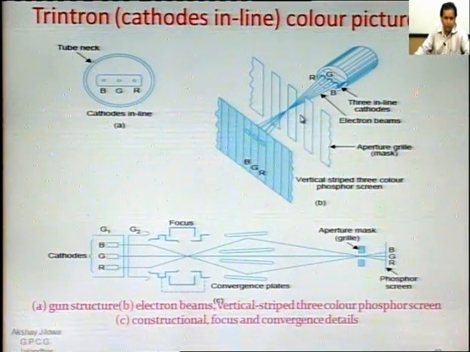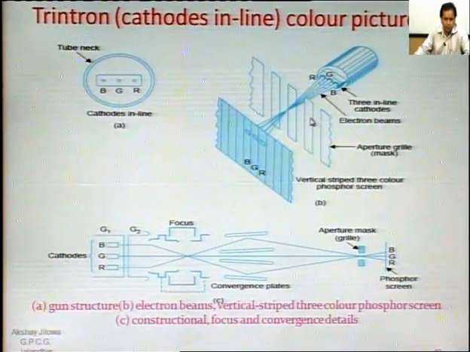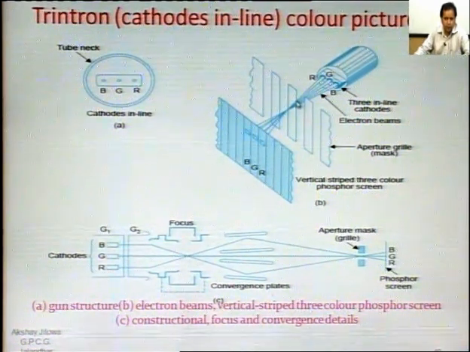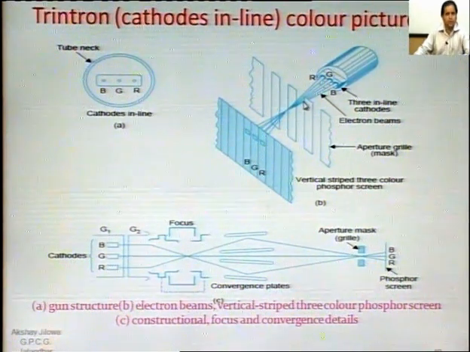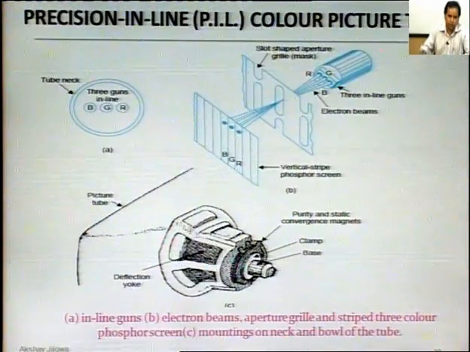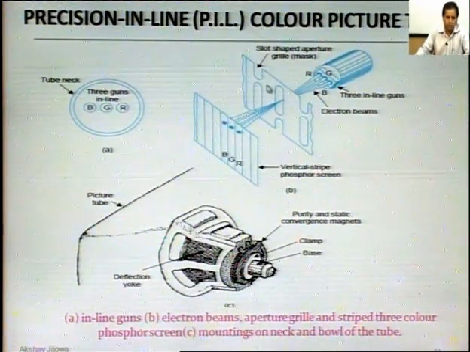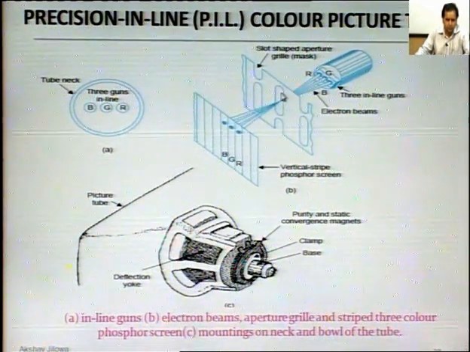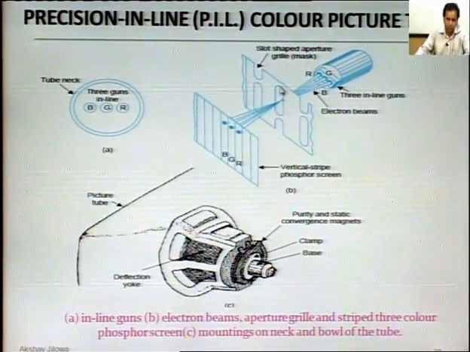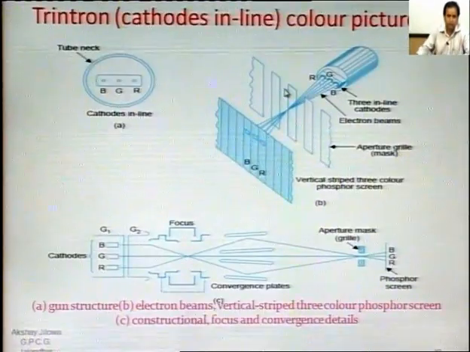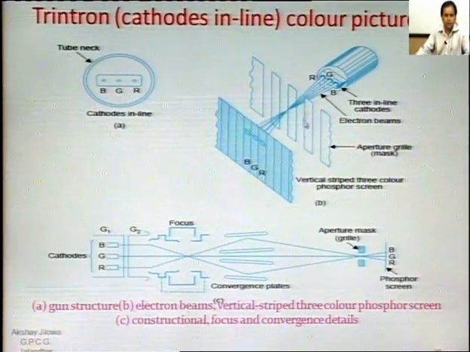There we had the dotted shadows, but here we have an aperture which is just like a grill. There we had slot-like structures, and here we have the complete grill.